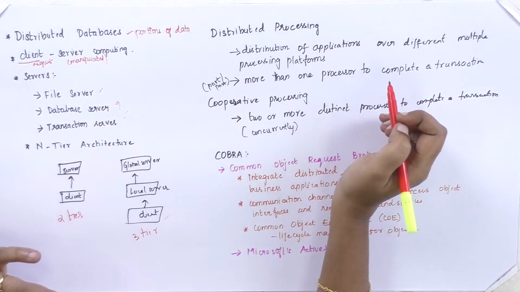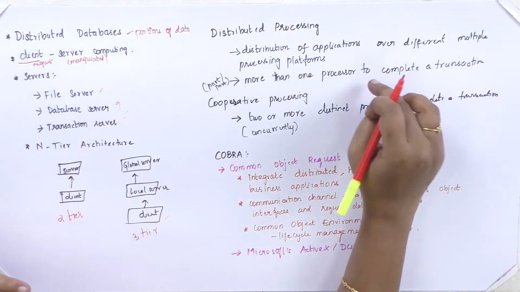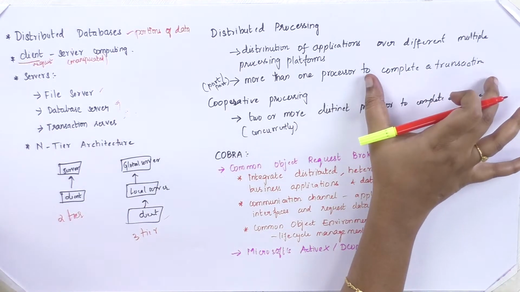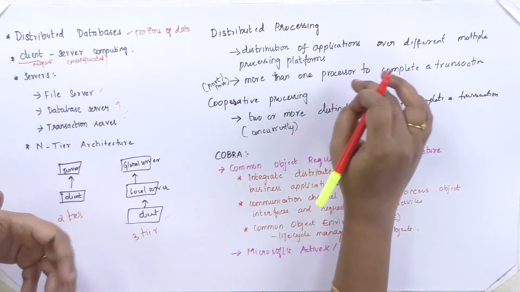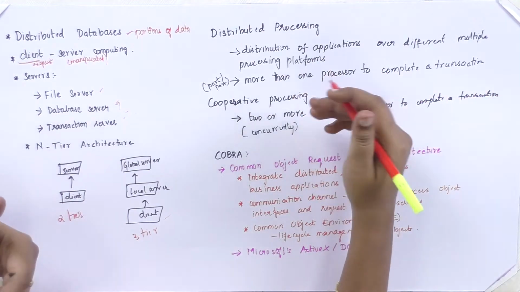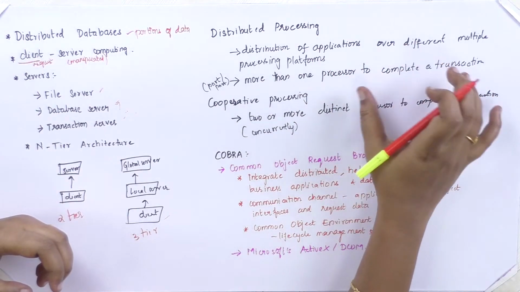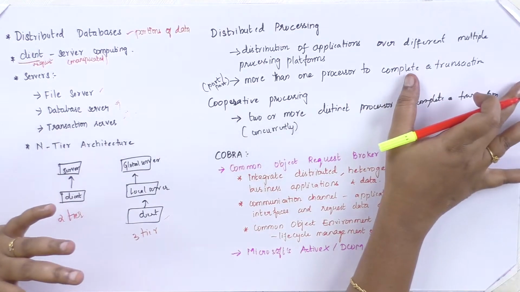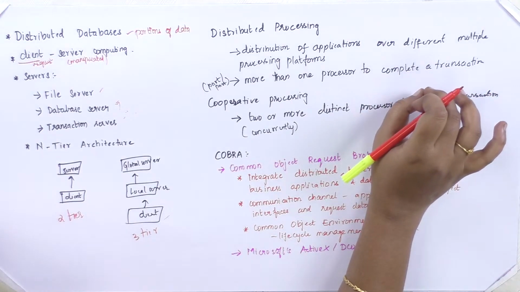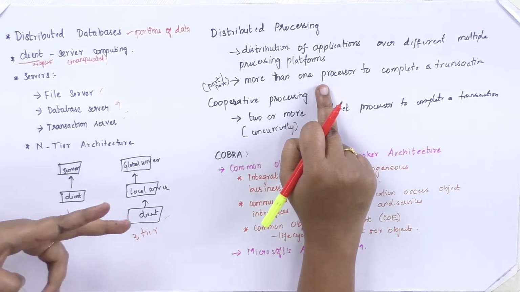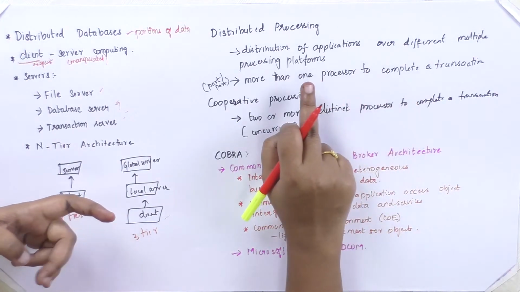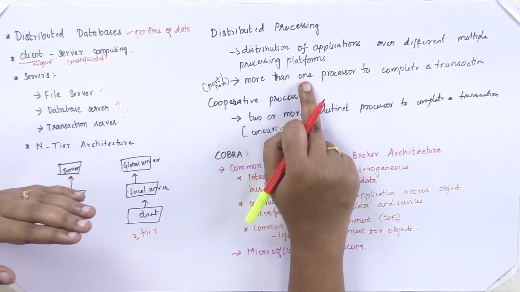And here in distributed processing, to complete a transaction, the transaction will be taken over by 2 or more processors. To be simple, you will be having 2 or more processors to complete a transaction. The first part will be completed by processor 1.